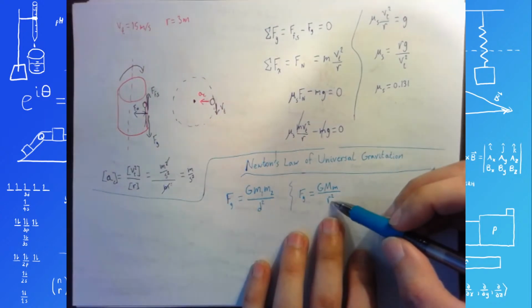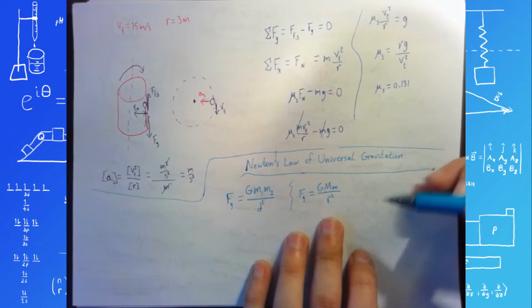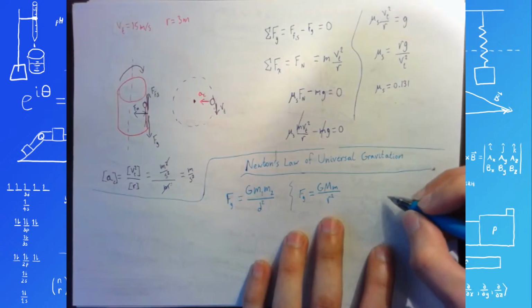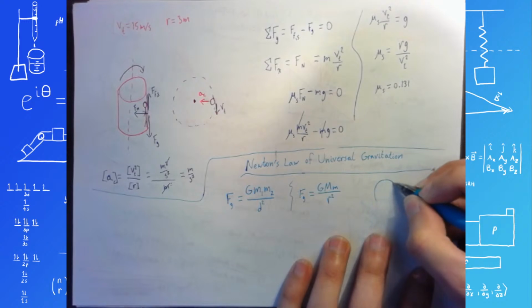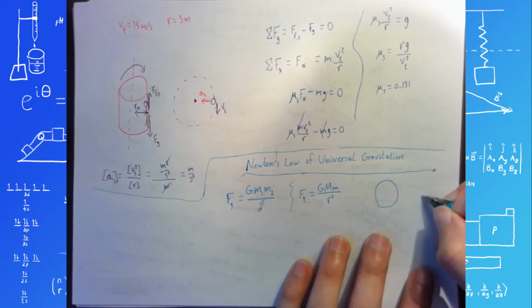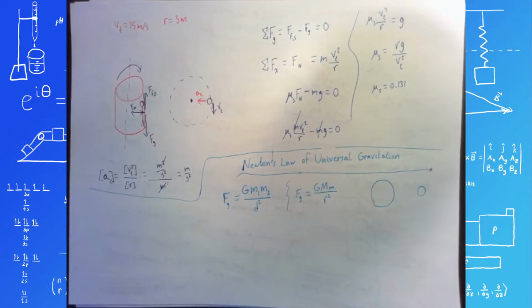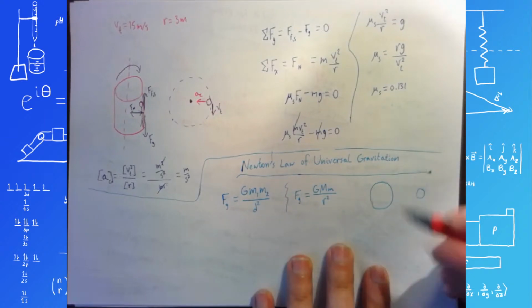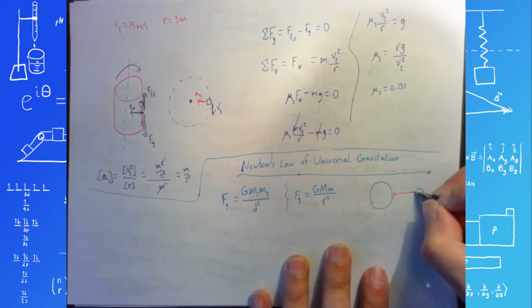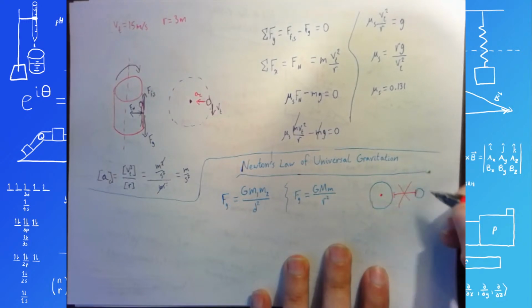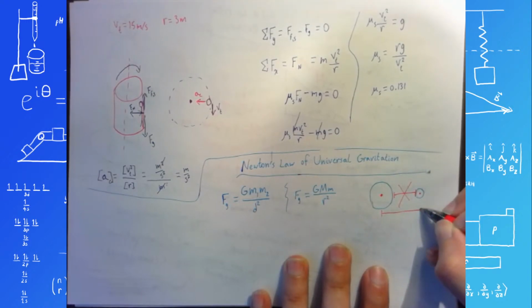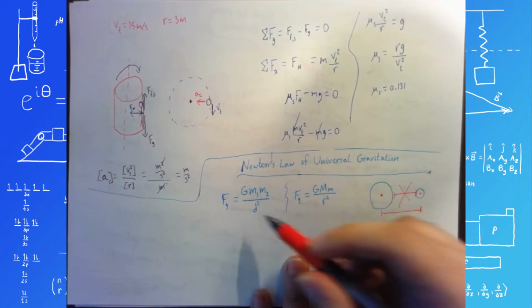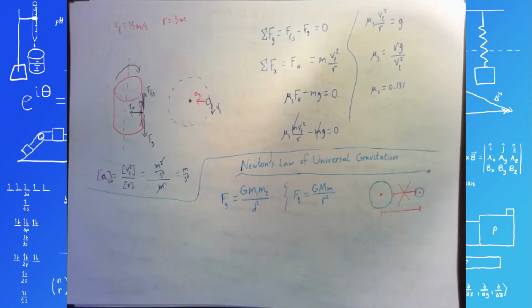But yeah, this R or D, whatever you want to call it, is the distance between the centers of mass or centers of gravity of the two objects. If I have something like the Earth and the Moon, then it is not the surface to surface distance. That's wrong. It's the center to center distance. This is what you plug into the denominator of this equation.